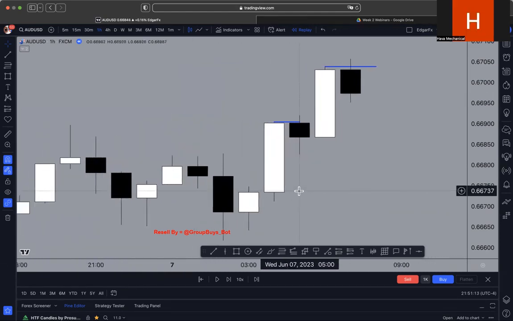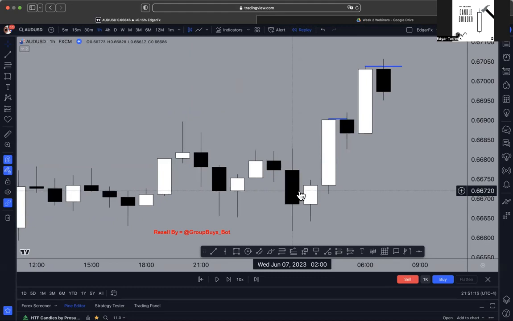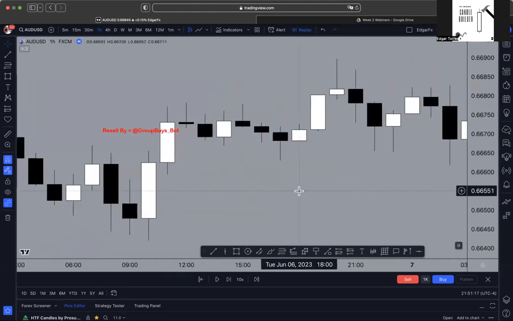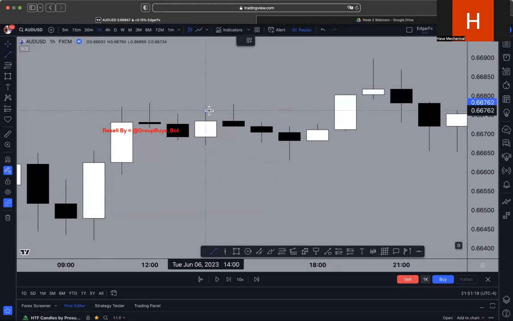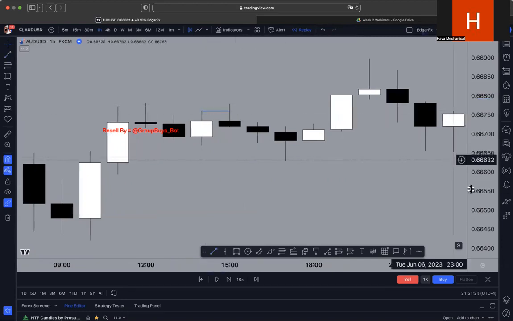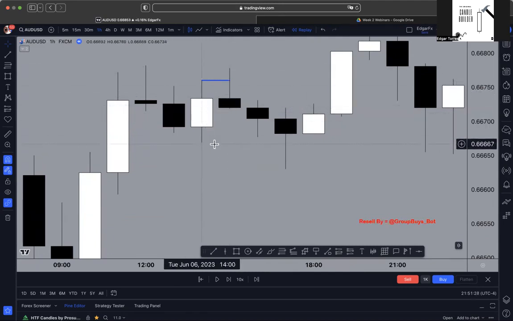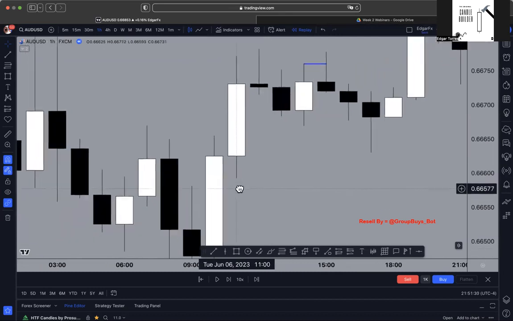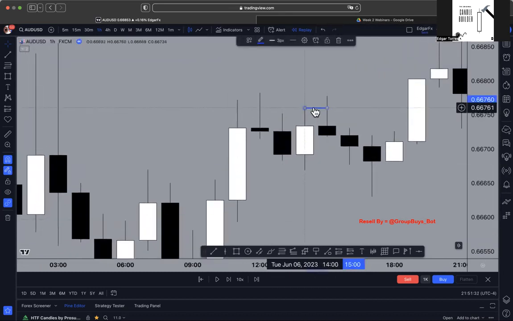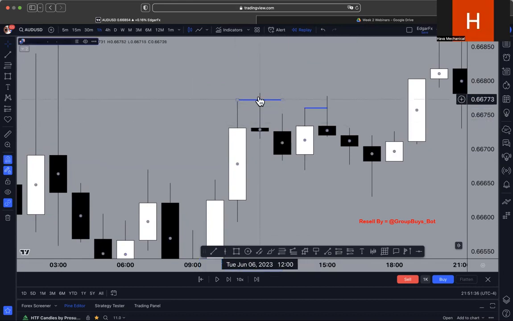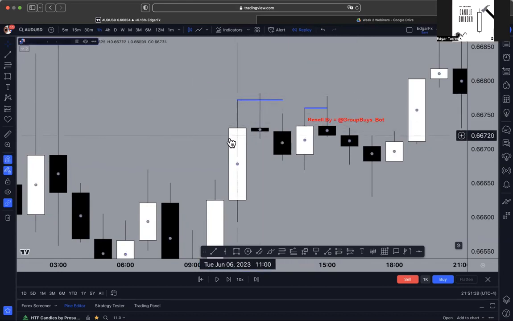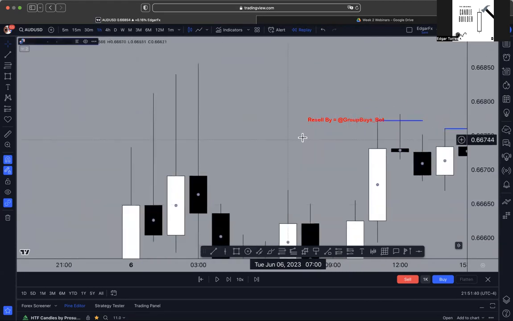Look at pullbacks. You have this one. Opened, came outside of the range, and closed inside of the range. Right here. Open, run out the range, close back inside. Right here.